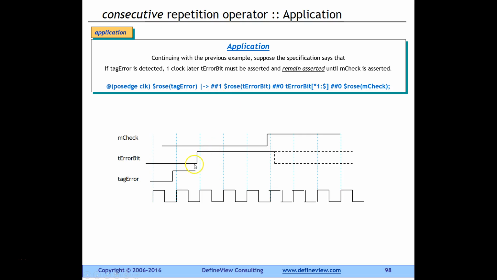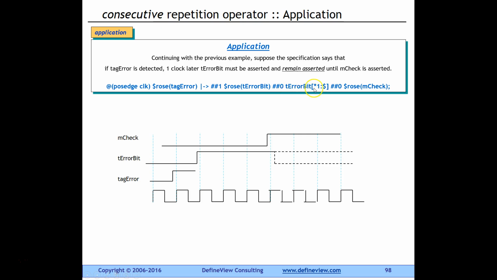What we are saying is, after 1 clock, T error bit must be asserted, $rose T error bit, and starting that clock, ##0. Starting the clock when you see $rose T error bit asserted, that T error bit should remain asserted for 1 clock or forever.